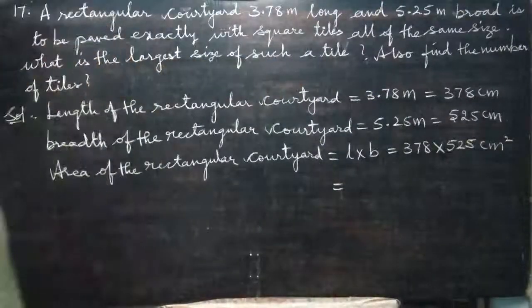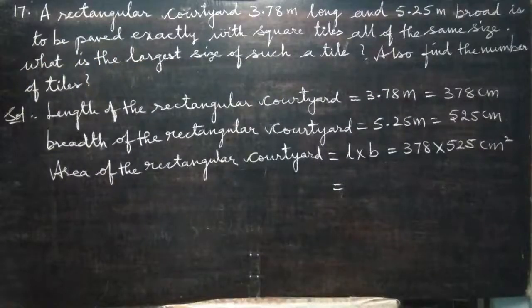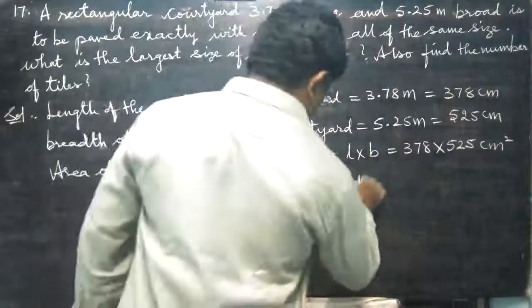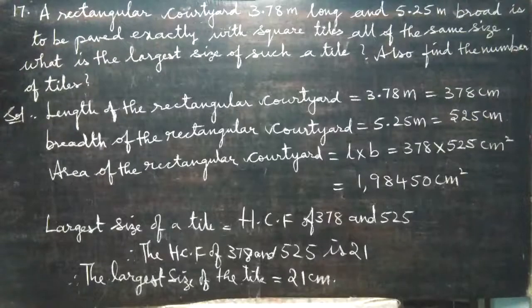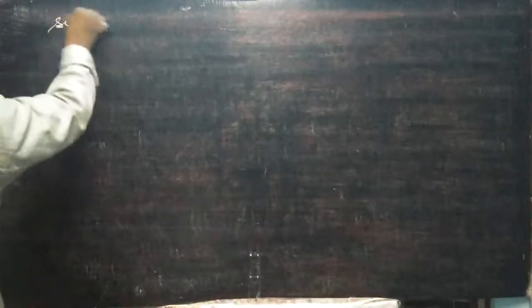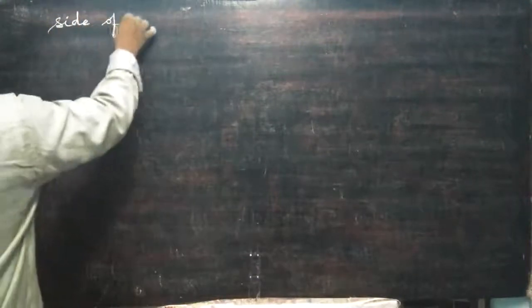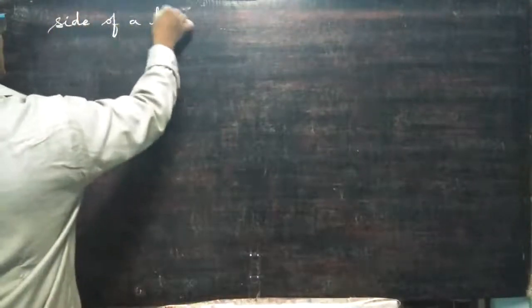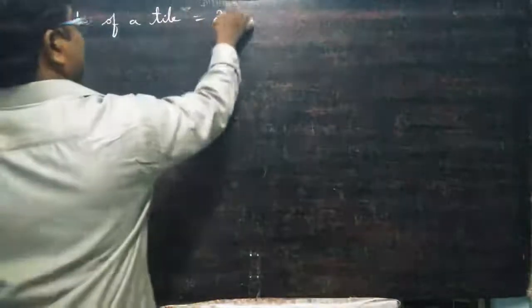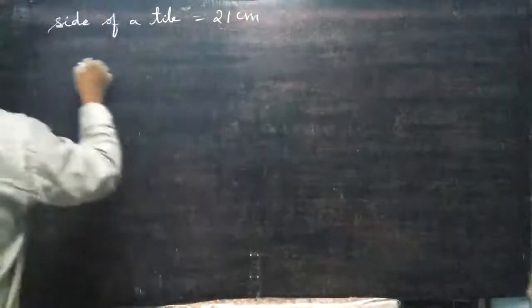When you multiply, you will get 1 lakh 98,450. Now we got the side of a tile, how much we got? As 21 centimeters.